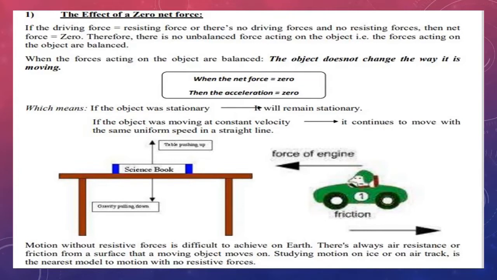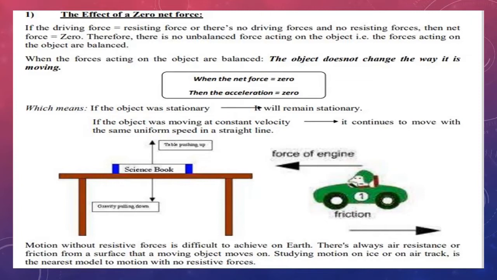This acts toward the left, as you see from the direction of the arrow. Another force acts on this car in the opposite direction, which is the friction force. If you look at the size of these two arrows, you will observe the sizes of the two arrows are equal.